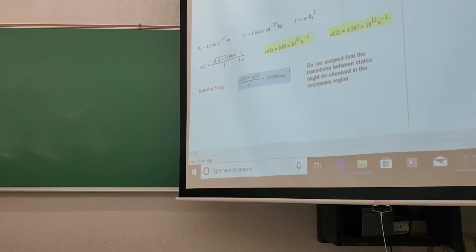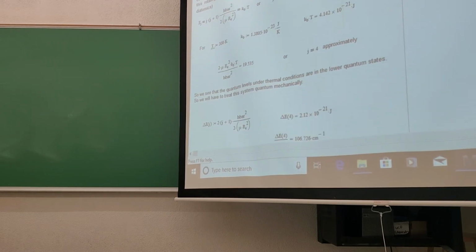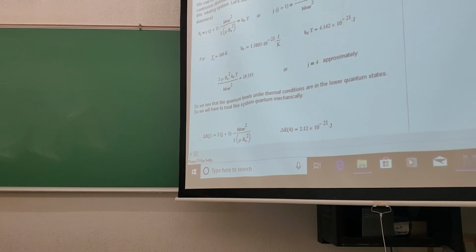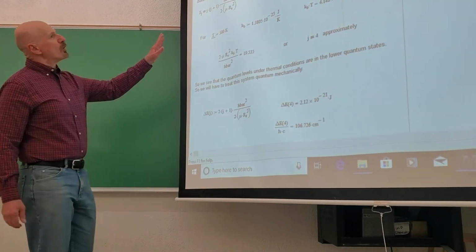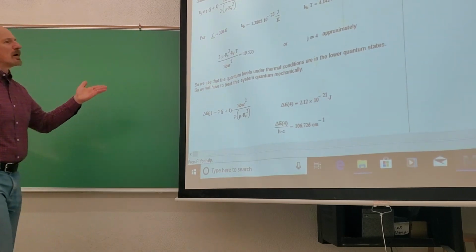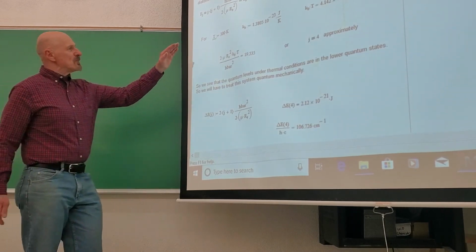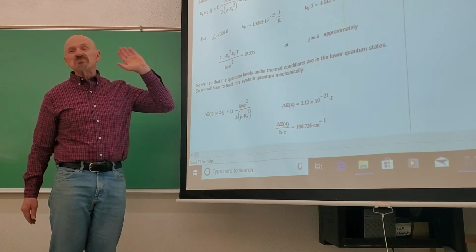So put those back. Finally, before we turn to polyatomic molecules, we need to do a little bit of work on that. So for here, I do the same thing I'm asking you to do in the homework. For J equal 1, I don't care where to pick, I said for an energy value of kT, just like your homework, I picked 300 Kelvin. There's Boltzmann's constant, now an exact number.